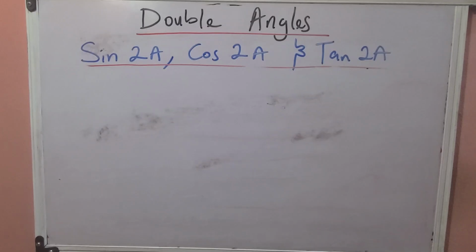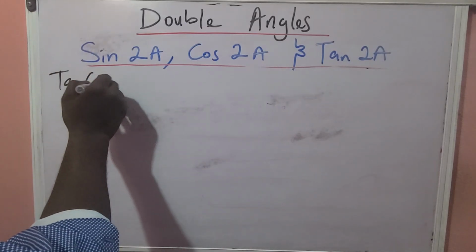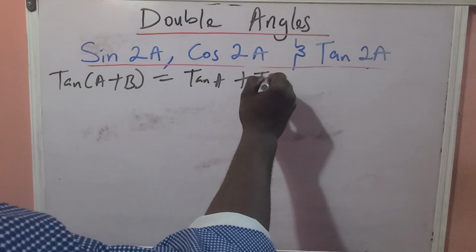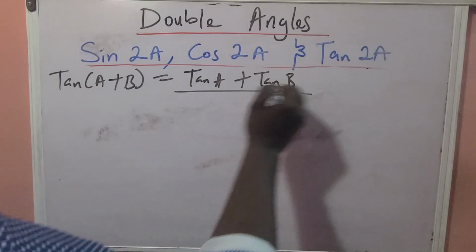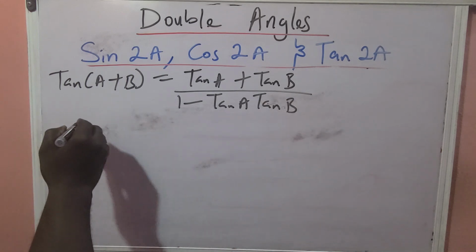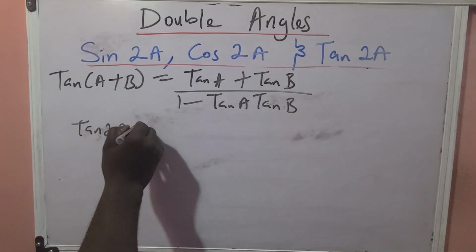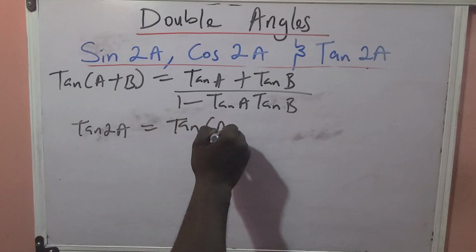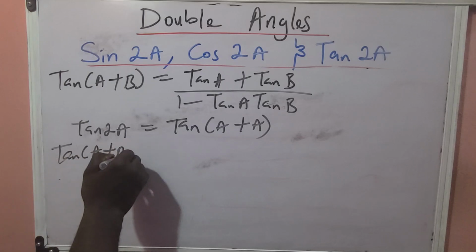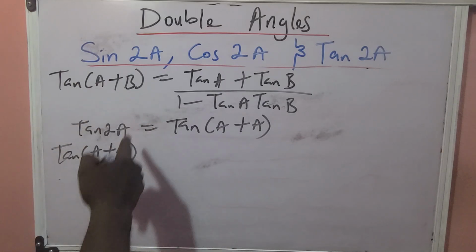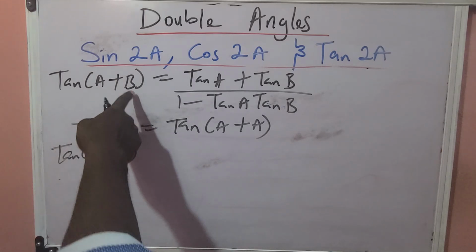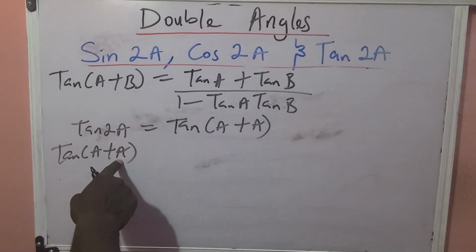So from our compound angle, we know that tan of A plus B was given as tan A plus tan B over 1 minus tan A tan B. So when we're dealing with tan 2A, obviously I can write tan 2A as tan of A plus A. So I can go on to solve for tan of A plus A using my compound angle formula, but in this case, instead of having A plus B, I'll be having A plus A. So wherever I see B, I'll be replacing it with A.